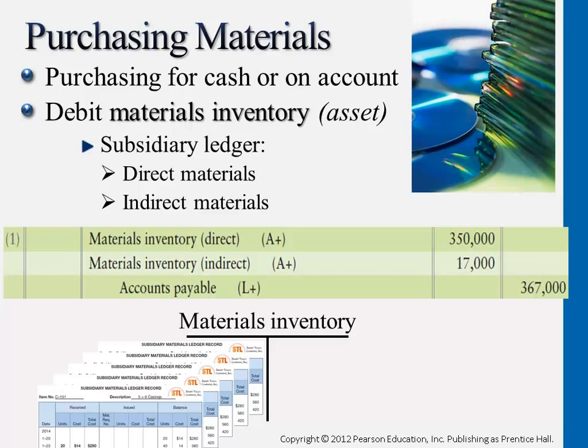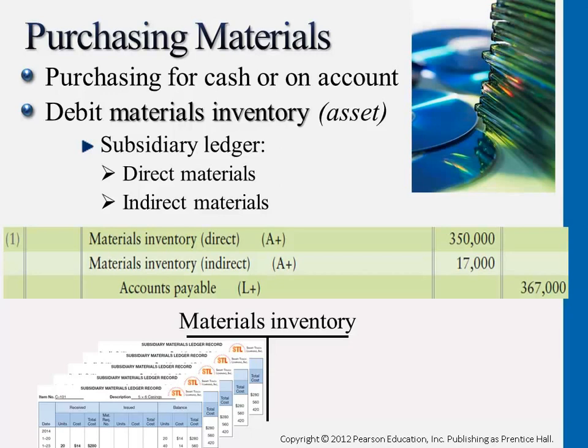So when we purchase new products, over there, $350,000, and the indirect materials cost $17,000. Left side, we increase this asset account by debiting purchase materials. Okay, we also talked about beginning inventory, the inventory that we carry on from last period, assuming it's $70,000.